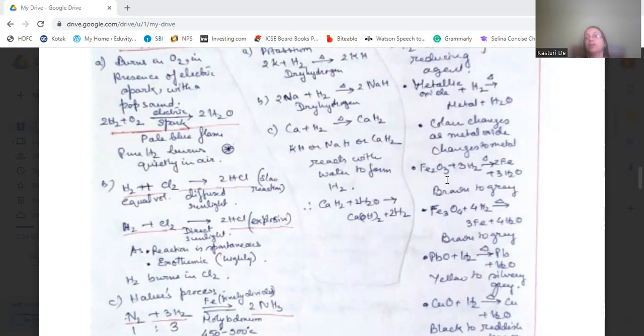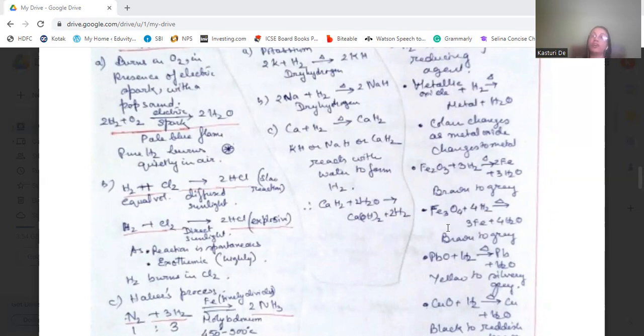Here the brown color of the ferric oxide changes to gray. Then again, Fe3O4, that is tri-iron tetroxide, will be reduced by 4H2 in presence of heat to 3Fe plus 4H2O.